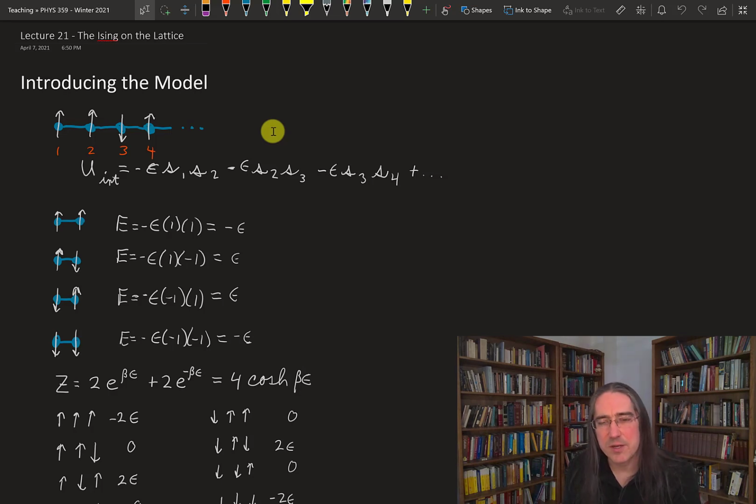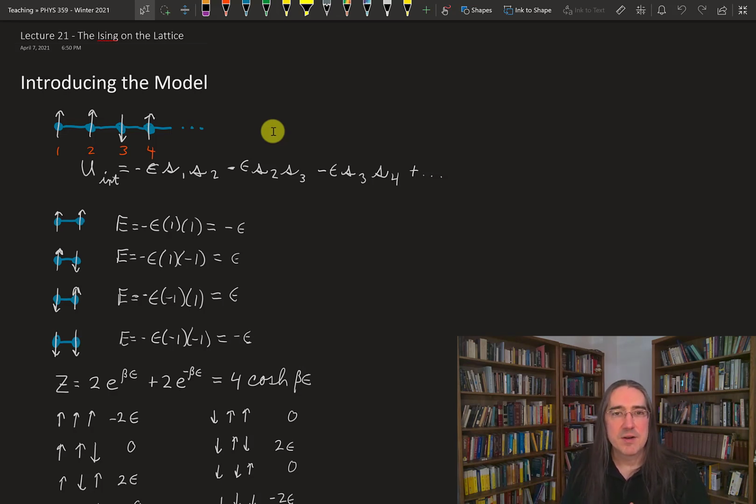Now I just used the word domains. What do I mean by that? It turns out for something like iron, the phase transition happens sort of locally. If you could look at the magnetic structure of a piece of iron, you'd see little domains. Here's a little domain and it's magnetized in this direction. Here's another domain next to it and it's magnetized in this direction. And another domain here, maybe magnetized another way. So locally the system makes a decision: all of the spins want to point in the same direction, energetically, or in terms of free energy, that's what's favored.